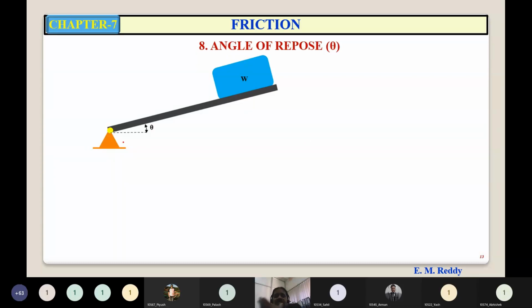Now you have to tilt the horizontal plane such that this body is on the verge of sliding. That means the body is in impending motion. At this state, this angle made by the platform with horizontal is known as angle of repose.